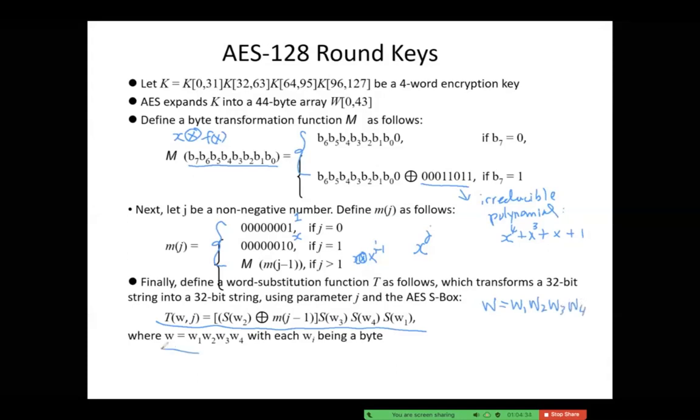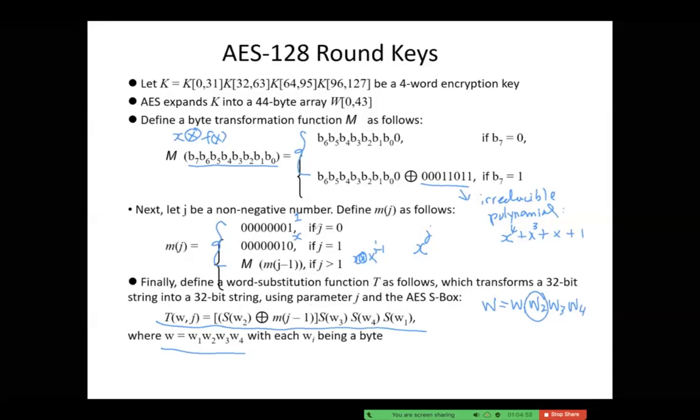What you want to do is apply the substitution box S on W2, and then exclusive OR with small m of j minus 1. So this j is right here.